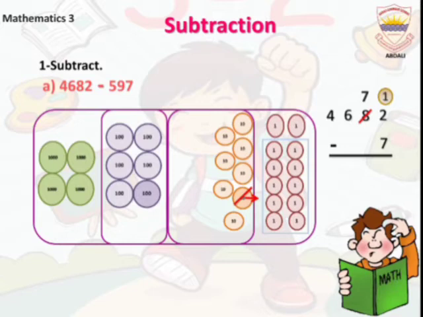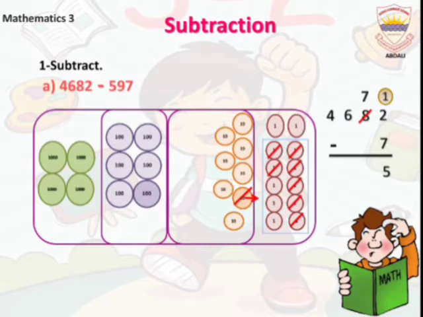So students, what do we do? We subtract 7 from 12. Now students, cut 7 number disks of ones. 1, 2, 3, 4, 5, 6, 7.